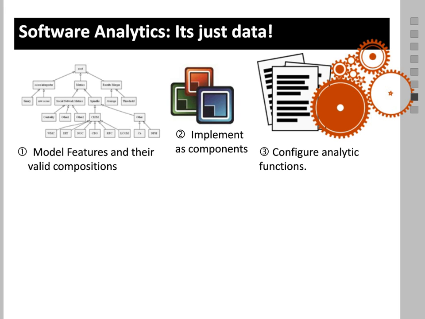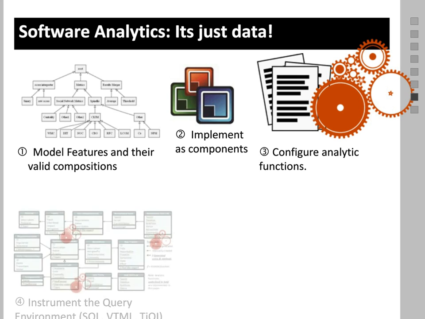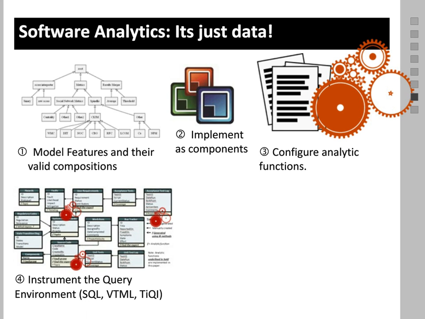A lot of these analytical functions, when you get into these areas of machine learning and data mining, work far better when you've had the opportunity to fine-tune them, test them, and retrain them on your own data. So we're going to configure these analytical functions and then instrument the query environment to support them.